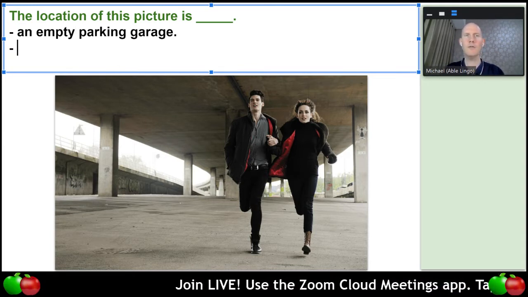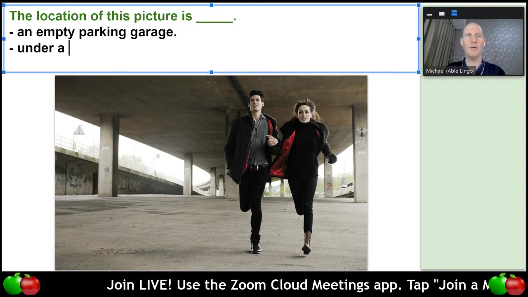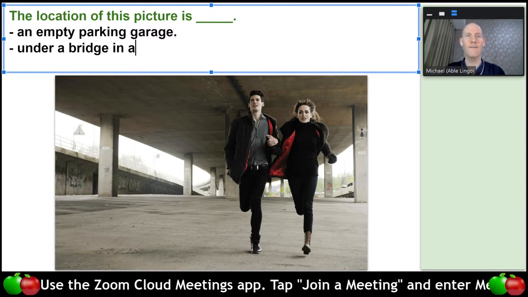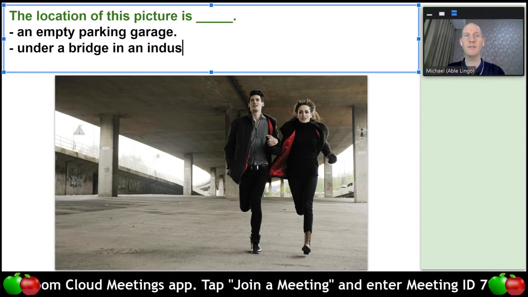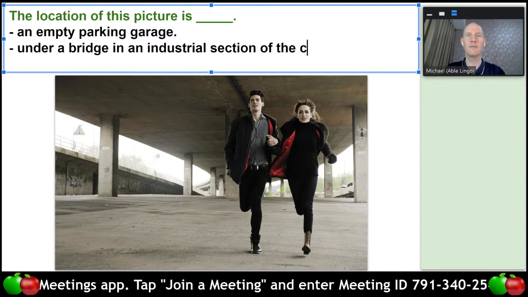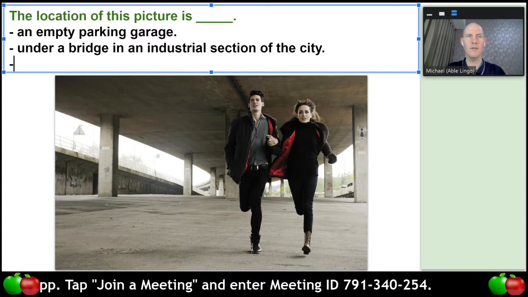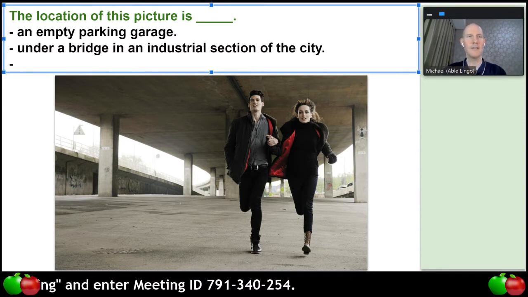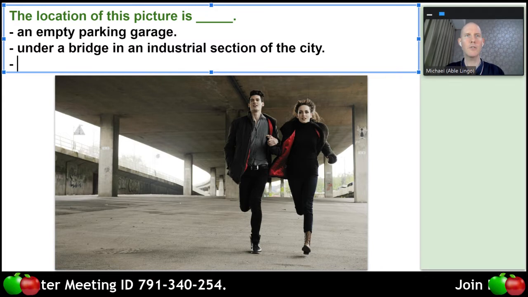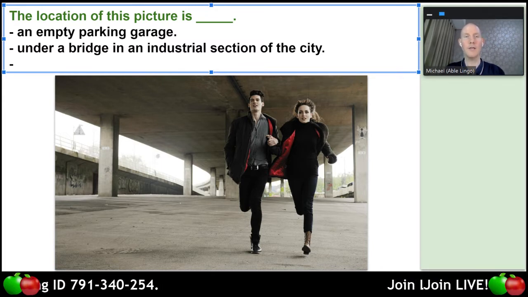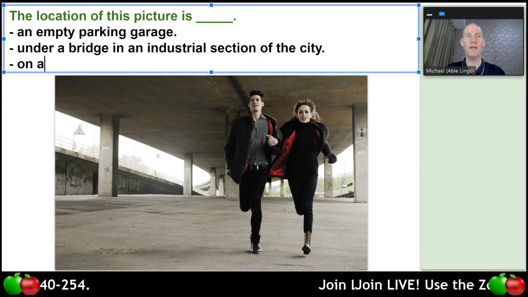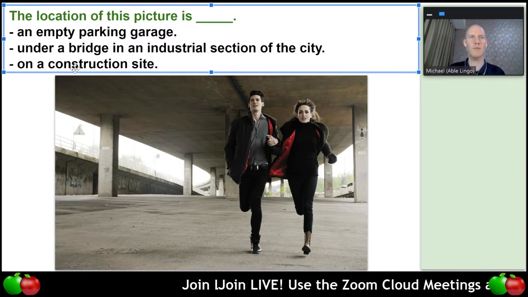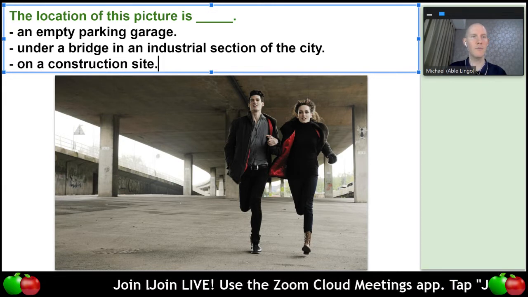We could say the location of this picture is under a bridge, maybe in an industrial section of the city. And let's see, Dogukan Eren says a construction site. So the location of this picture is on a construction site. Sure, we can say all of those. All right, let's move forward.